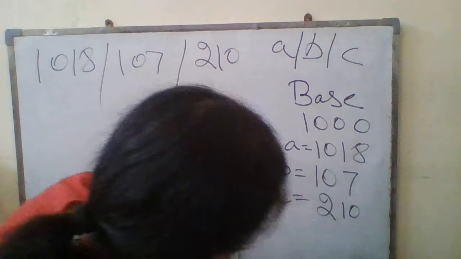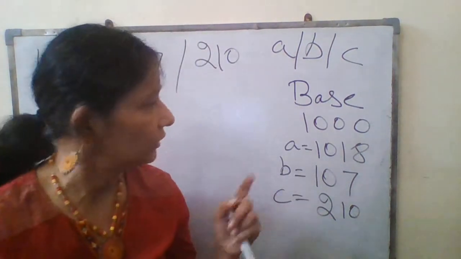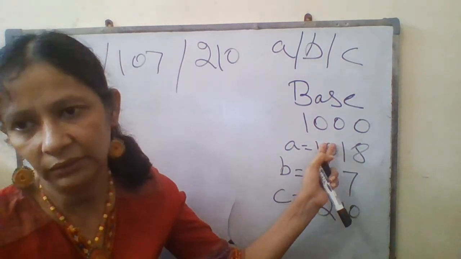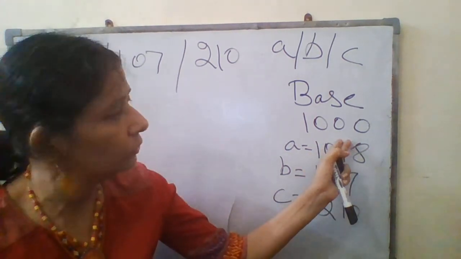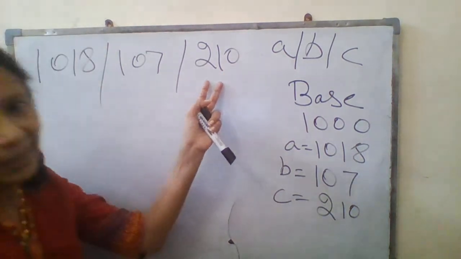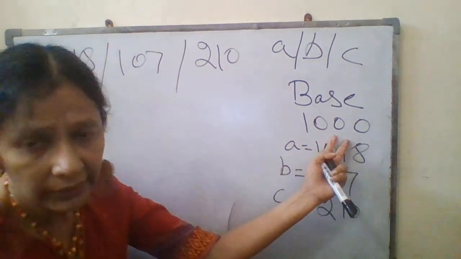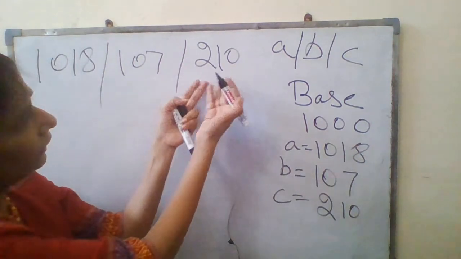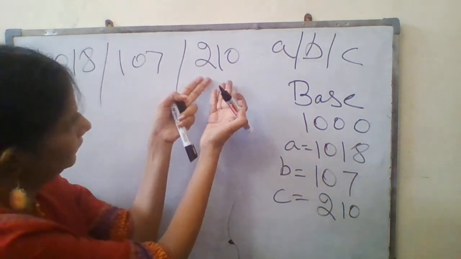Now what I want to tell you in this question is, the main thing is this only. You see how many zeros are here? 3 zeros. So now when you have to do the balancing here, 3 zeros are here, so you have to write down 3 digits. Already you can see only 3 digits are here.